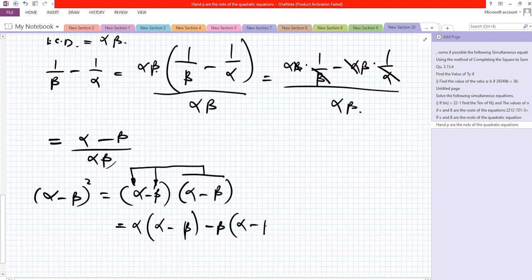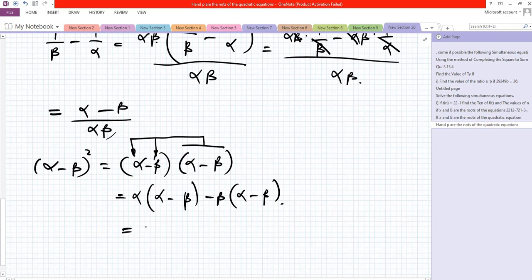If we expand this, alpha times alpha is alpha squared, alpha times minus beta is minus alpha beta, minus beta times alpha is minus alpha beta, and minus beta times minus beta is plus beta squared.